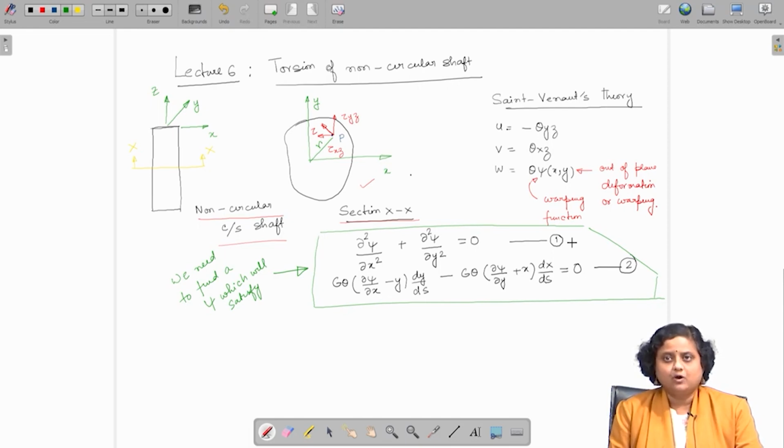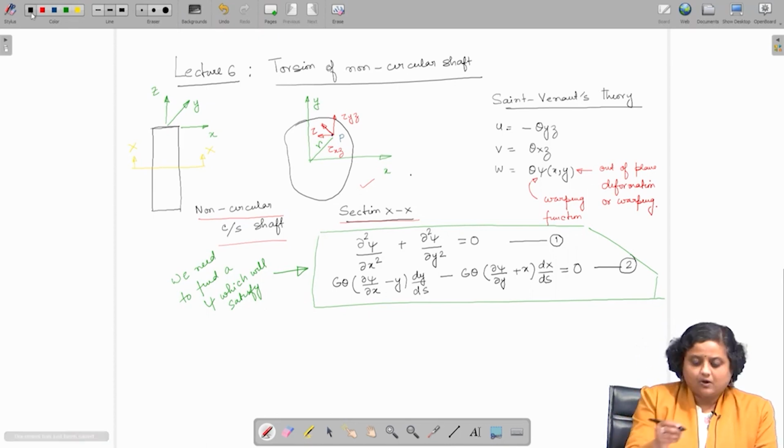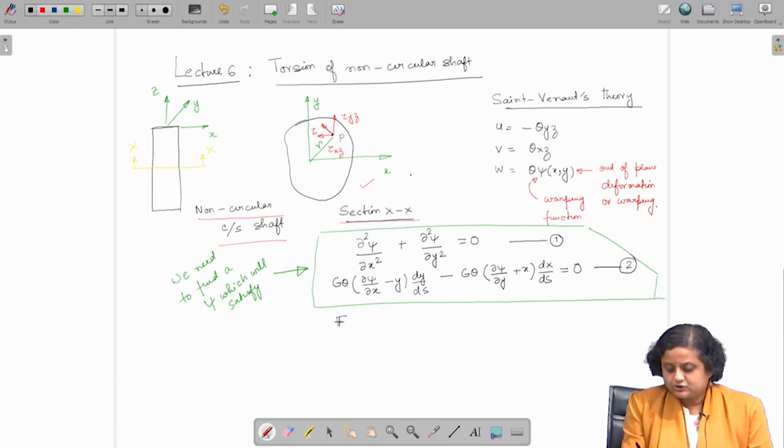Before I move on to find out the Prandtl stress function and explain what it is, let me summarize the features of torsion of a non-circular shaft. The features of a torsion of non-circular cross-section shaft.